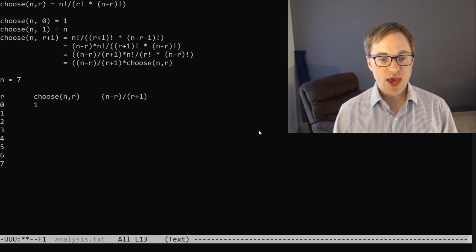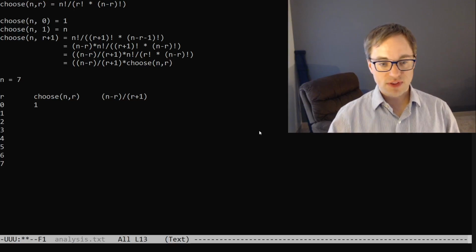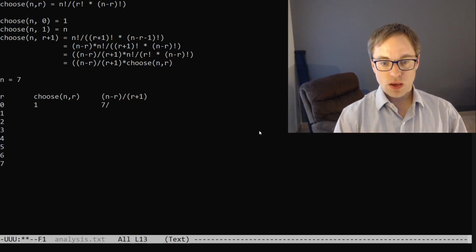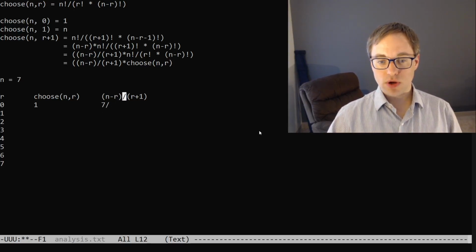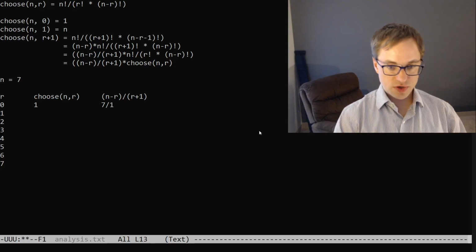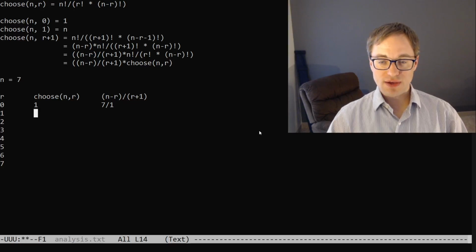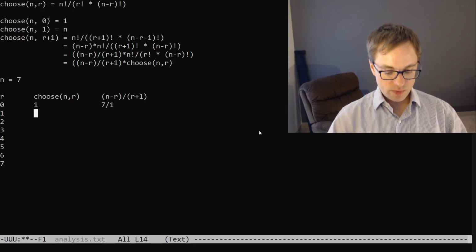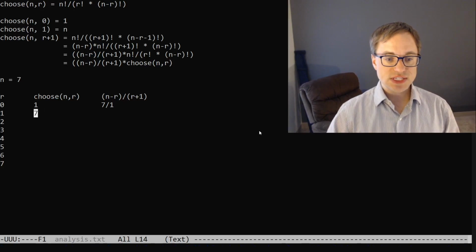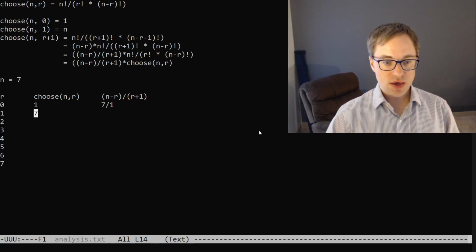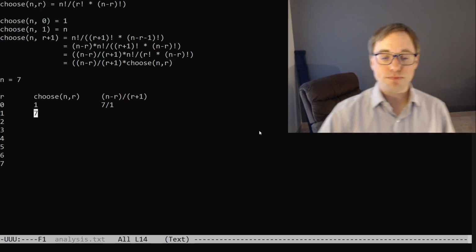Then here we have n minus 0 is just n, so that's 7, over r plus 1. r is 0, and so that's going to be 1. We multiply 7 over 1 by 1, and we get 7. So you can see this is exactly what I was talking about with being able to use either the r equals 0 case or the r equals 1 case as our base case.